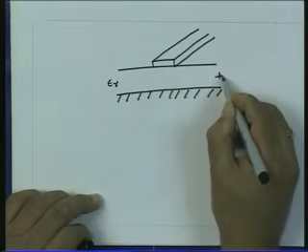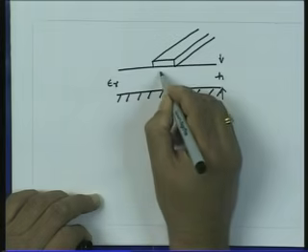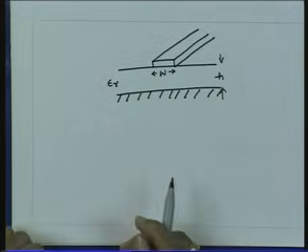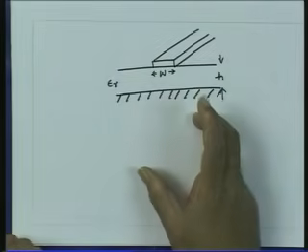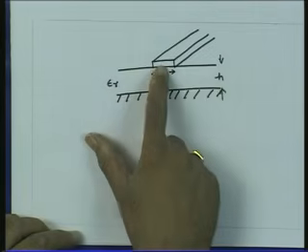The height of this dielectric slab is, let us say, h, and the width of this is, let us say, w. The characteristic impedance of this structure depends upon the dielectric constant and the ratio of w by h.